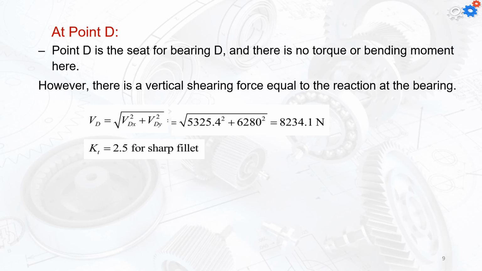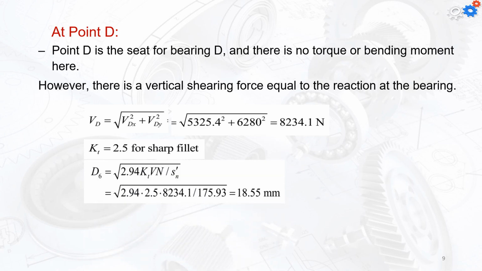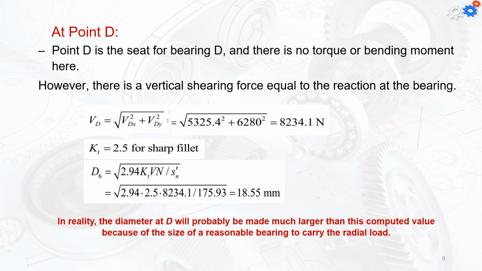The KT is going to be 2.5 for the sharp fillet, and the equation we are going to use is the other equation we have in the slides that considers the shear force instead of the bending and the torque. So applying this equation, we will find that the minimum diameter there is going to be 18.55 millimeters. Now we did calculate all the diameters, and we are going to go from there to summarize everything.